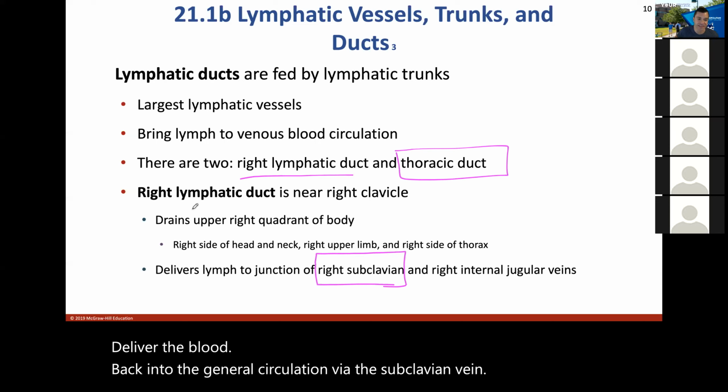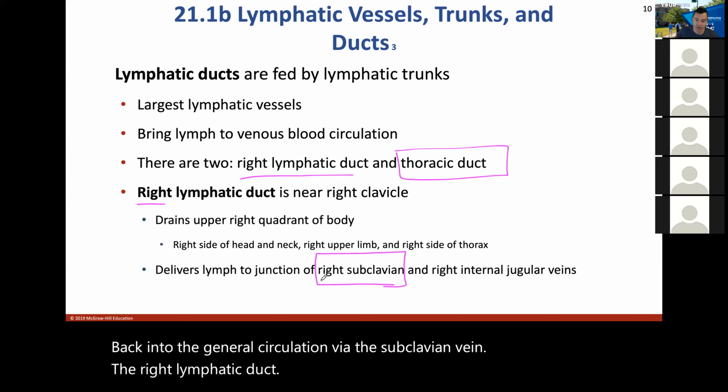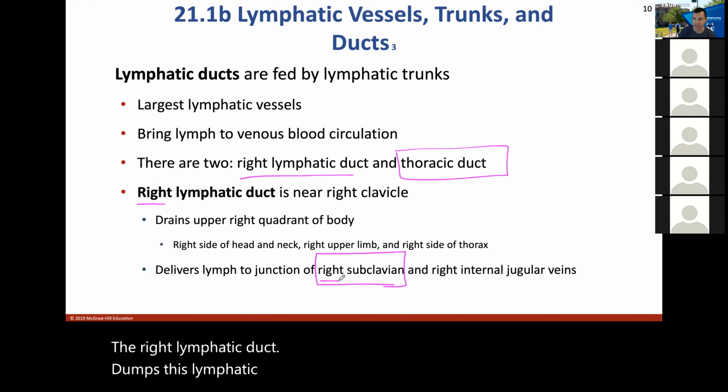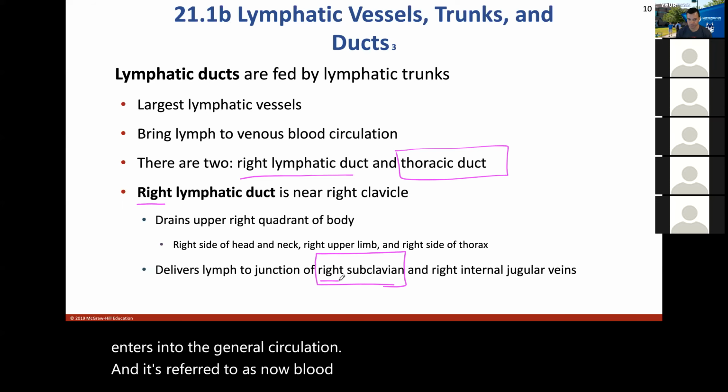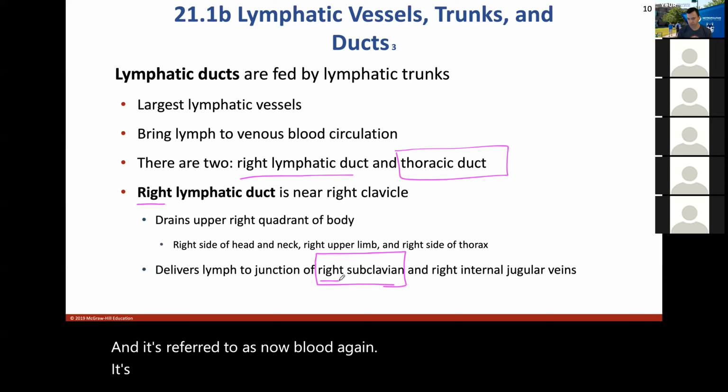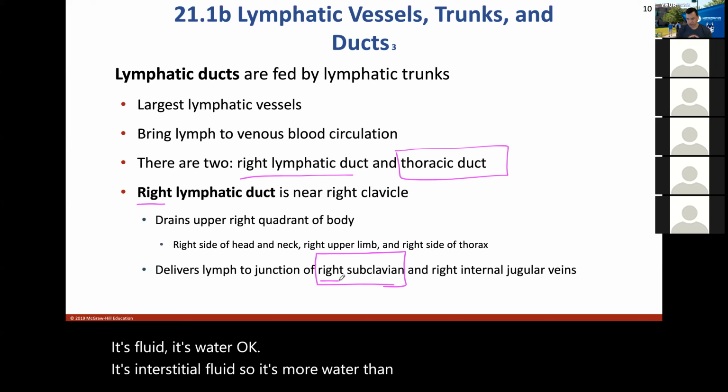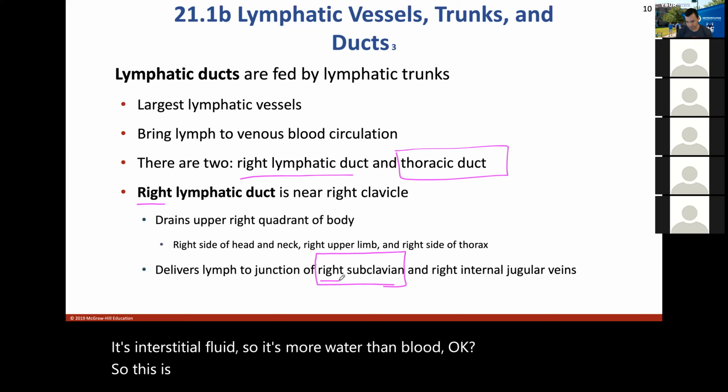The right lymphatic duct dumps this lymphatic fluid back into the right subclavian vein, which then enters into the general circulation. And it's referred to as now blood again. It's fluid. It's water, okay? It's interstitial fluid, so it's more water than blood, okay?